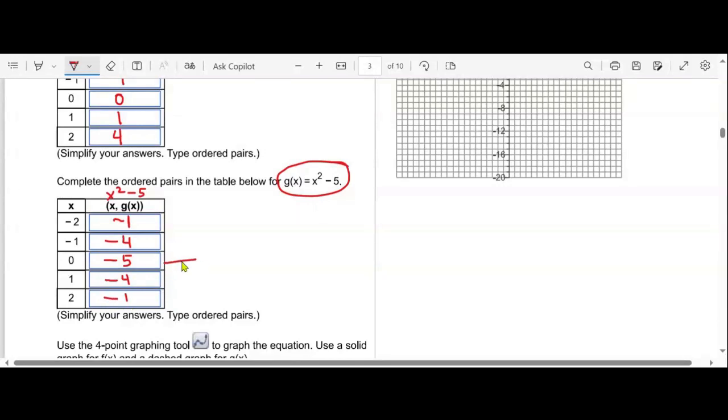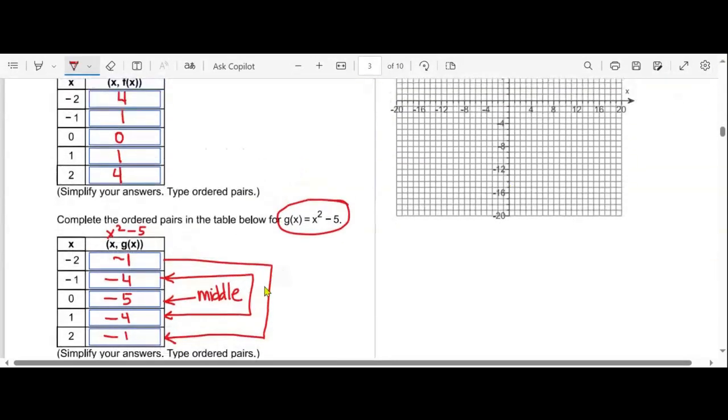Now you notice this point is like the middle point, and the points on either side are the same, correct? What do we call this middle point?